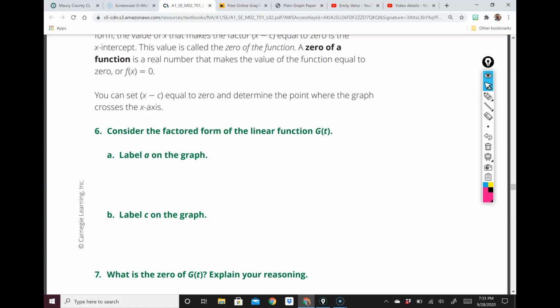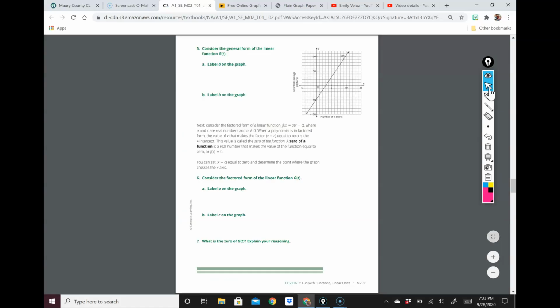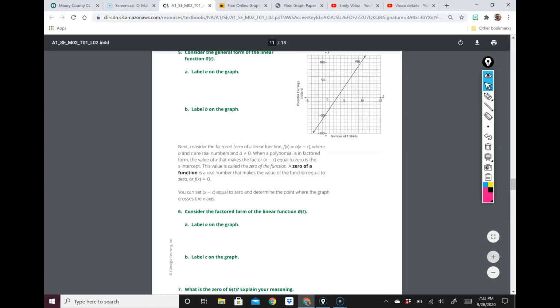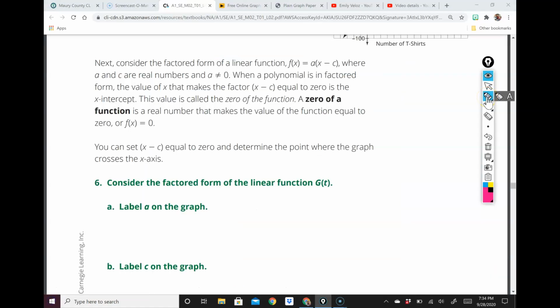Consider the factored form of the linear function g(t). Label A on the graph. So if we take the factored form, g(t) equals 15 times (t minus 3), we're going to have the same slope. A represents 15. It's the same triangle that we did previously.